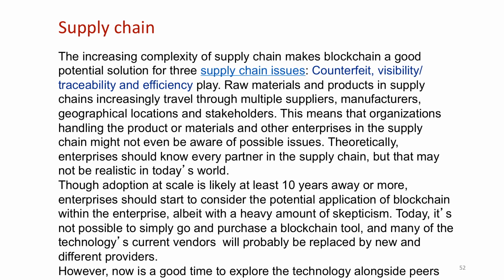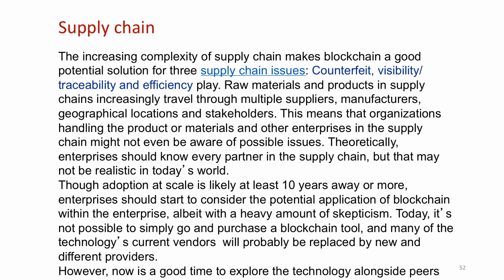I'll walk you through the food supply chain. If a problem arises, say coronavirus or God knows what, you want to know where it comes from. Traceability allows you that. It's an audit trail. That's the property of it.